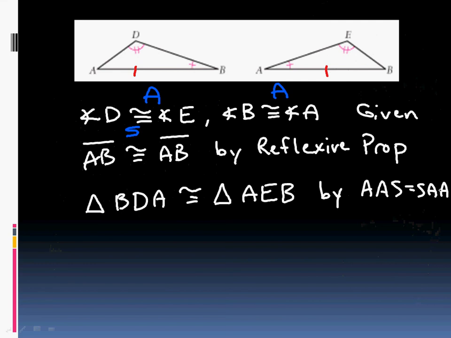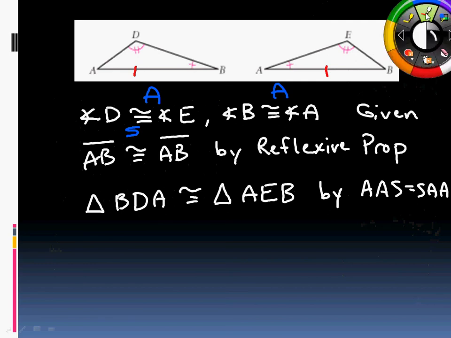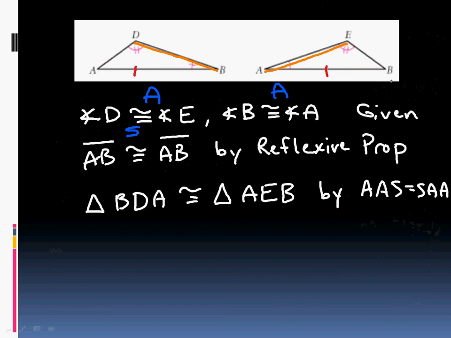Now what I was trying to prove when I started off here, I was trying to show that BD, which is this side, is congruent to this side, which is AE. That's what I was trying to prove. Well, now I've proven that these triangles are congruent to each other, which means all these sides are congruent to each other. And all these angles are congruent to each other.